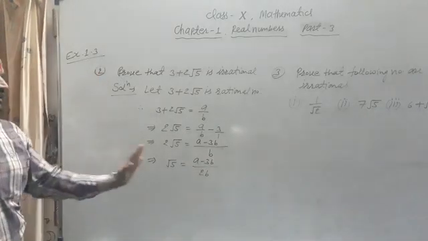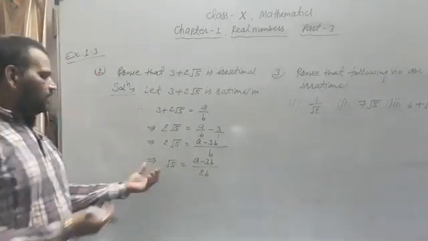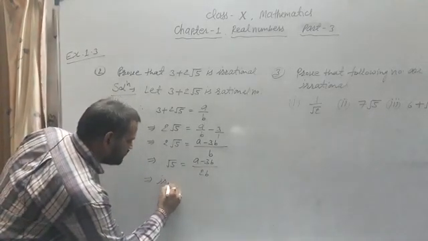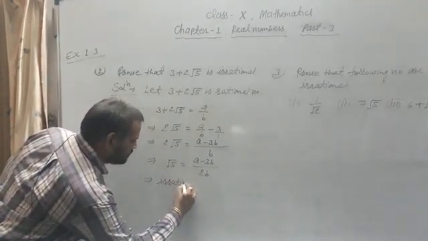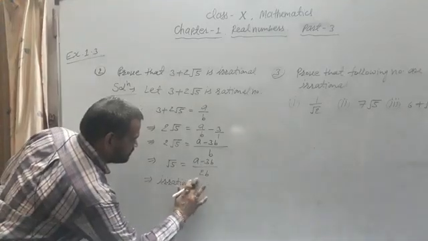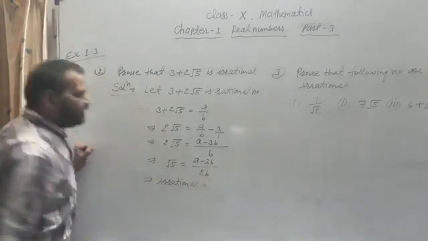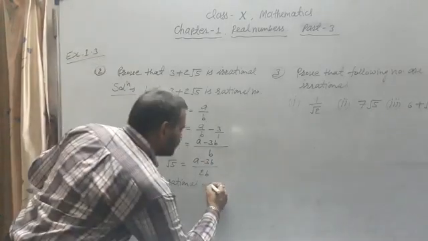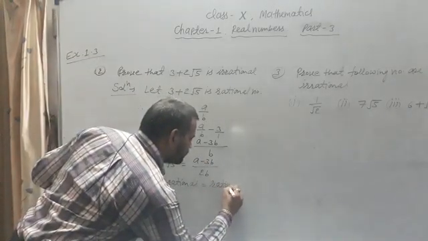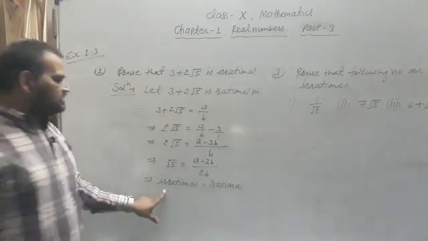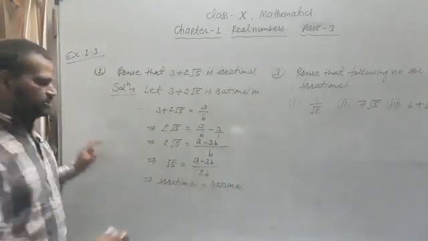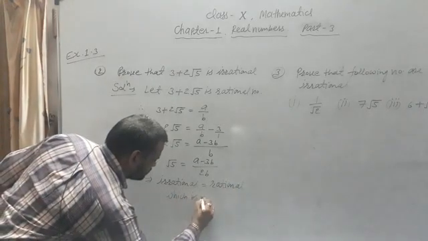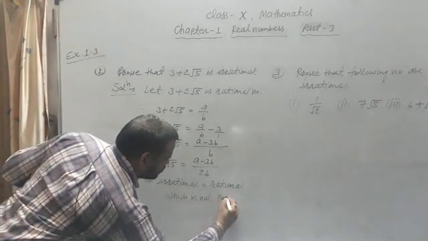Now rational and irrational parts are separated. On the LHS, under root 5 is irrational, and a minus 3b upon 2b is rational. Irrational equals rational, which is not possible.